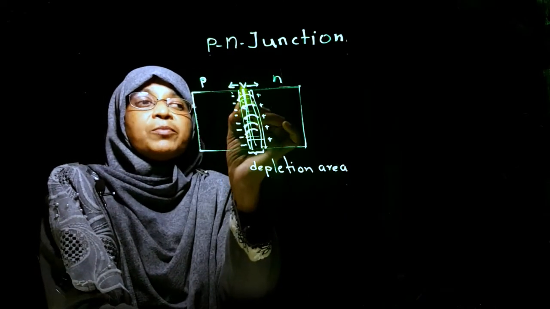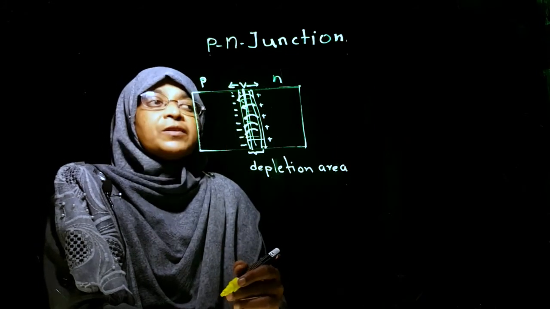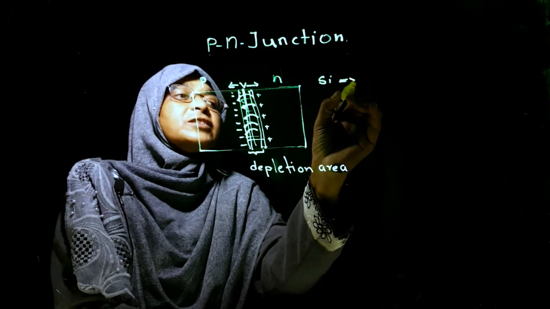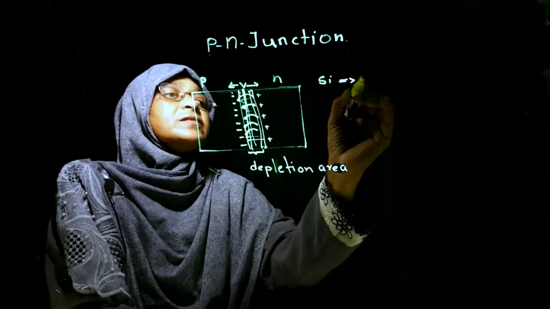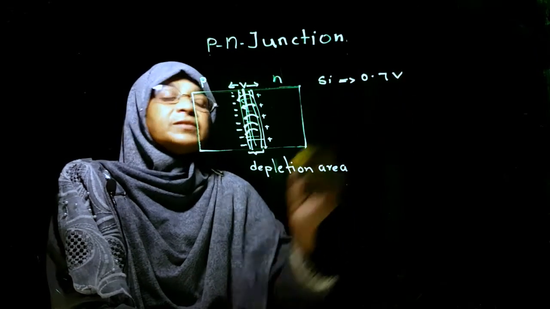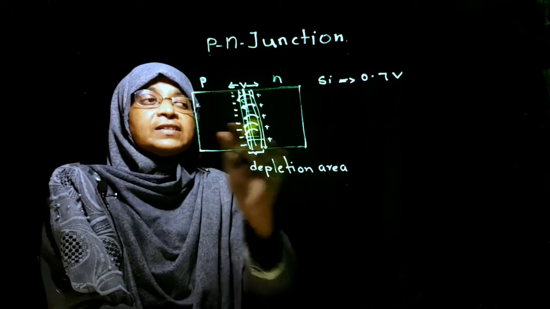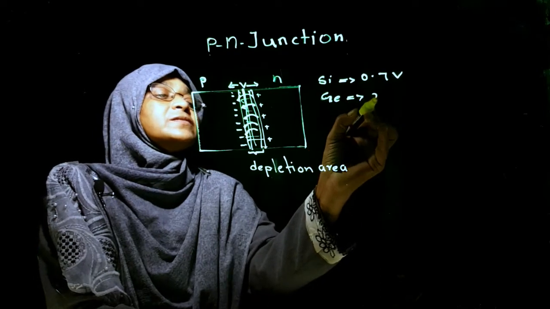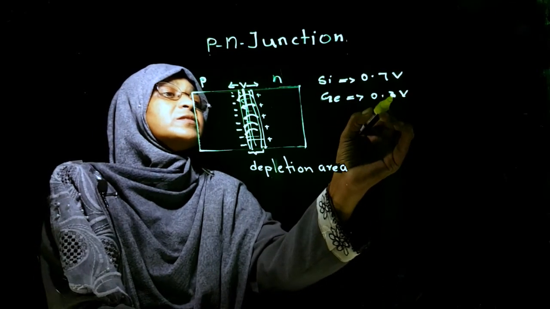The barrier potential for a silicon p-n junction is 0.7 volt. If it is a germanium lattice, it is 0.3 volt.